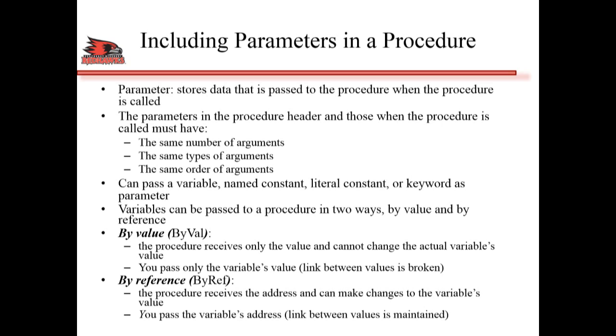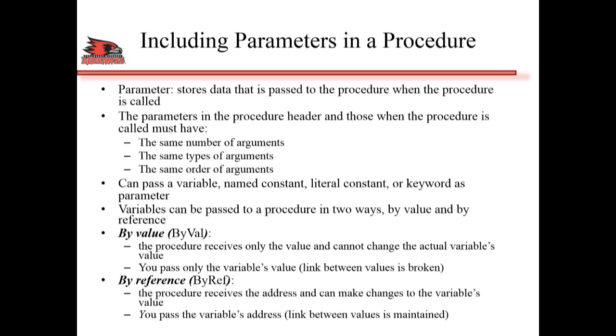Now there are parameters and there are arguments, and these are basically kind of the same thing. After you define procedures and their parameters, later on you'll call that procedure using the call statement. Within the call statement there's Call, then the procedure's name, and then within parentheses there will be arguments, which contain data that will be passed on to the parameters in the procedure.